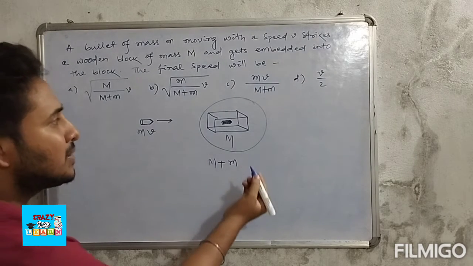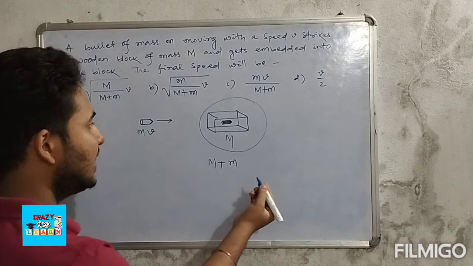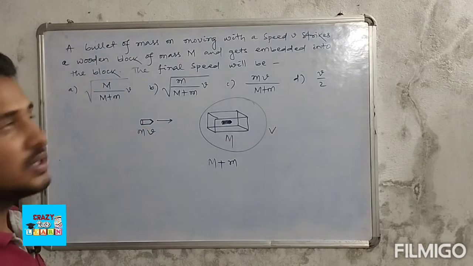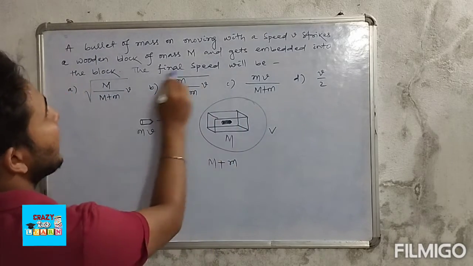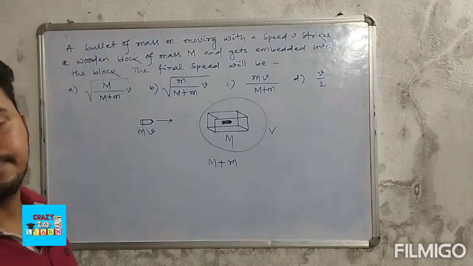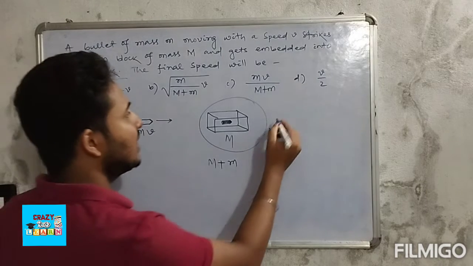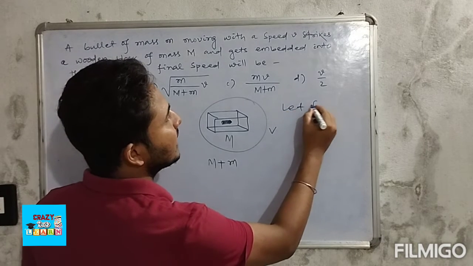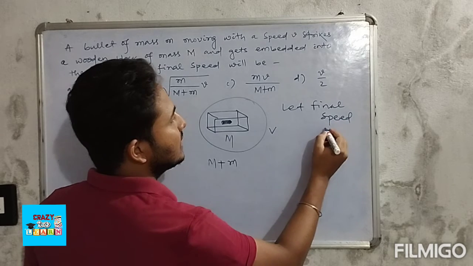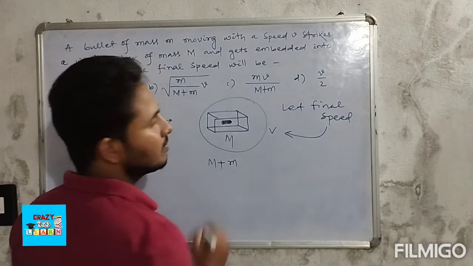And what will be its velocity? Let's say the velocity of this system is capital V, which is asked of you. The final speed will be, let the final speed be equal to capital V.